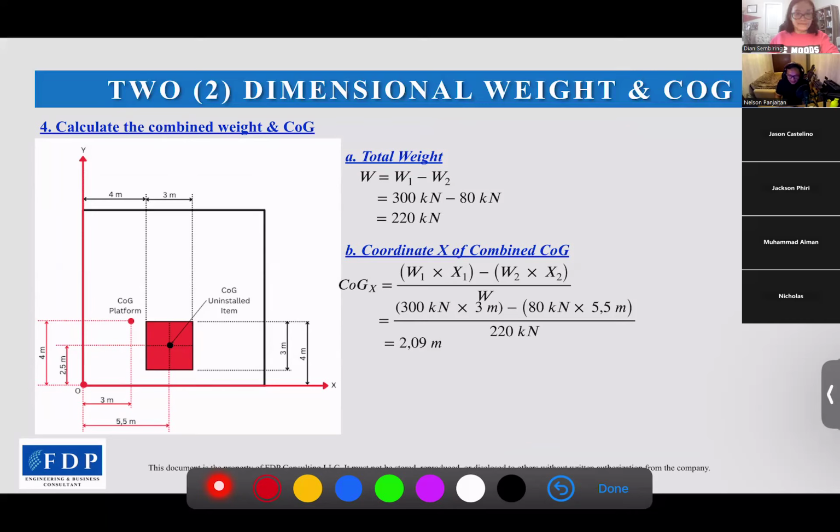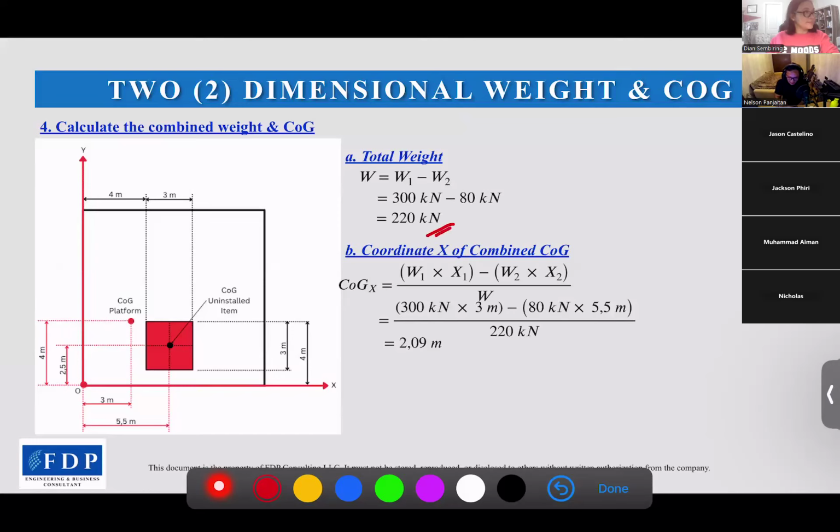Before, it was said that the total weight of the platform is 300 kilonewtons. From the 300 kilonewtons, we take out the uninstalled item, 80 kilonewtons. So the remaining weight will be 220 kilonewtons here.